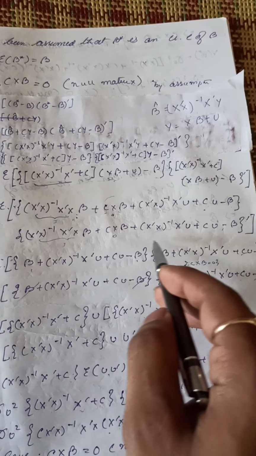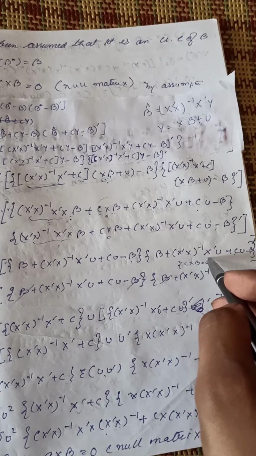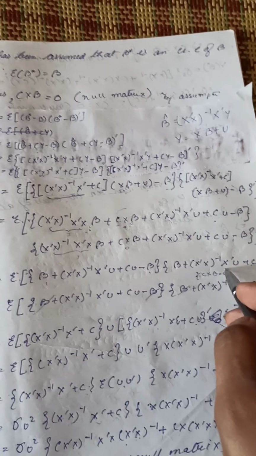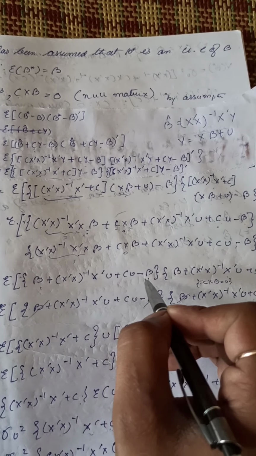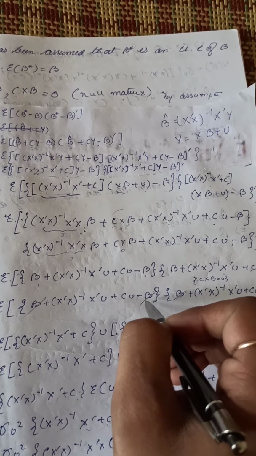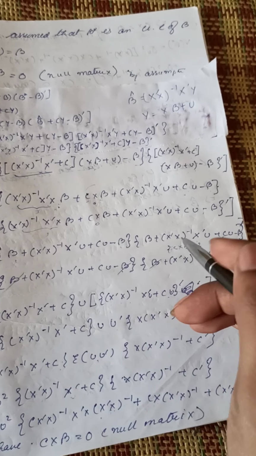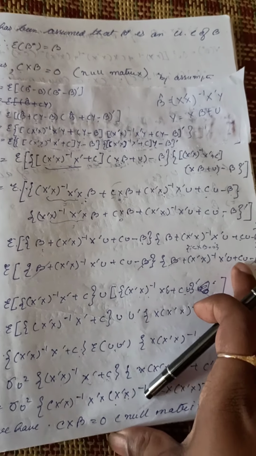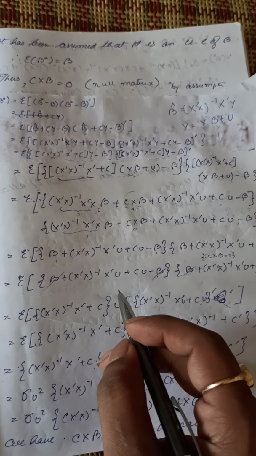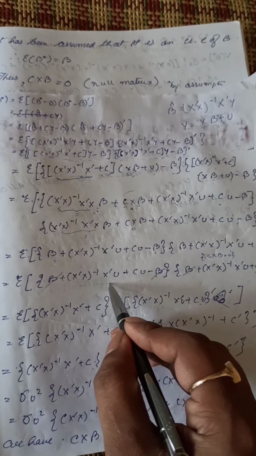Similarly, we will perform the same thing for the second term, and we will be left with this entire term. Now in the first term we see that beta plus and beta minus get cancelled. In the second term also beta plus beta and minus beta get cancelled. So now we are left with only this term.